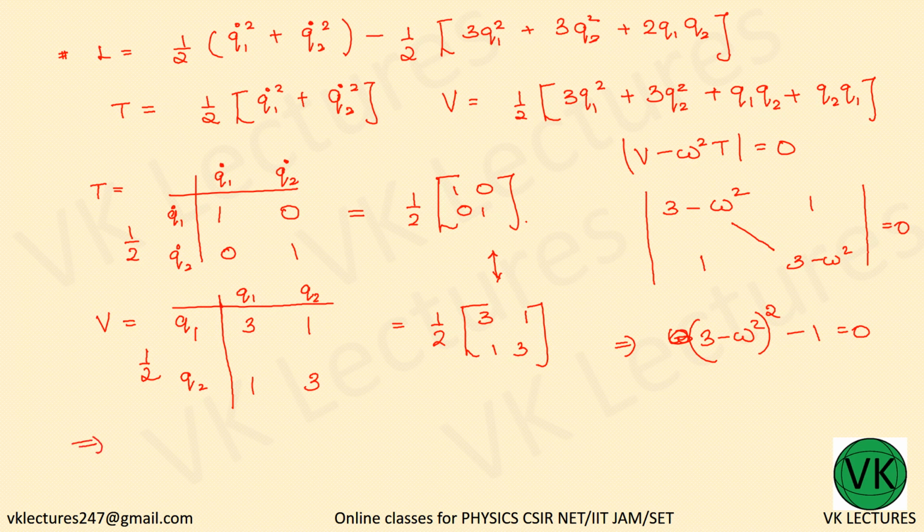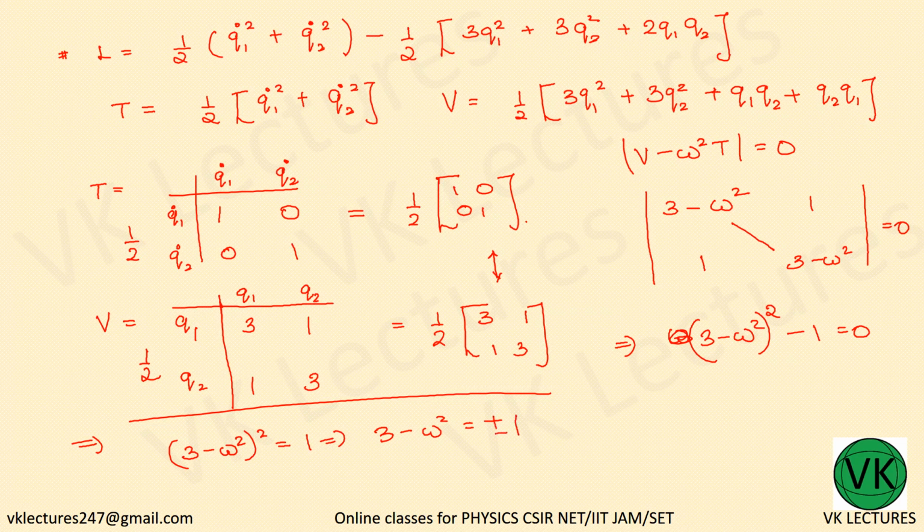Now finding the solution. 3 minus omega squared squared equal to 1, which means 3 minus omega squared equal to plus or minus 1. So these are the two equations.